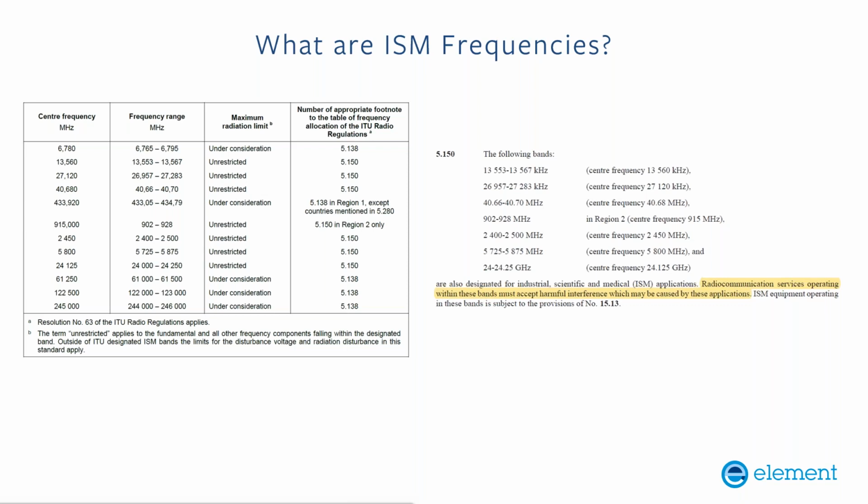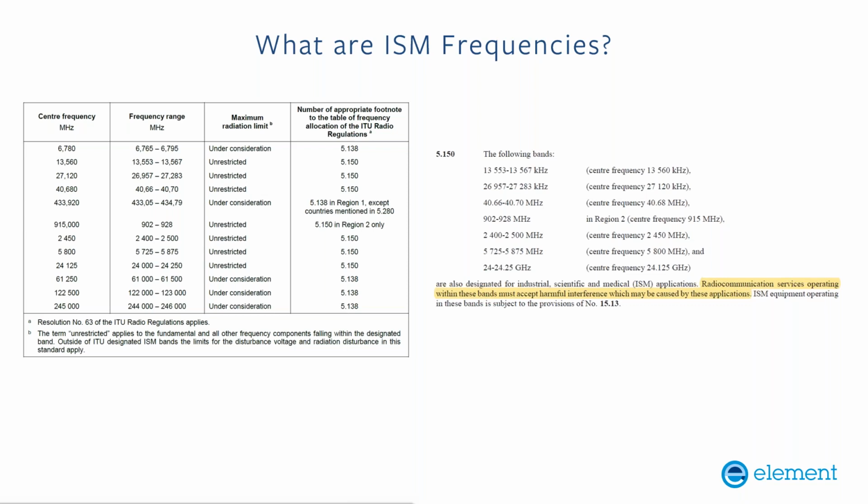And the statement says, radio communication services operating within these bands must accept harmful interference which may be caused by these applications. So what it's saying, from an international perspective, is if you are a manufacturer of ISM equipment, your product is the primary user of that band.